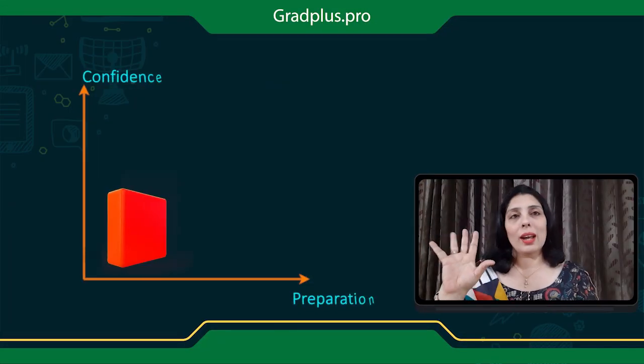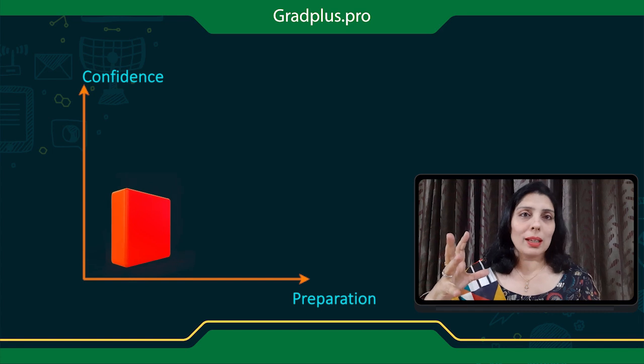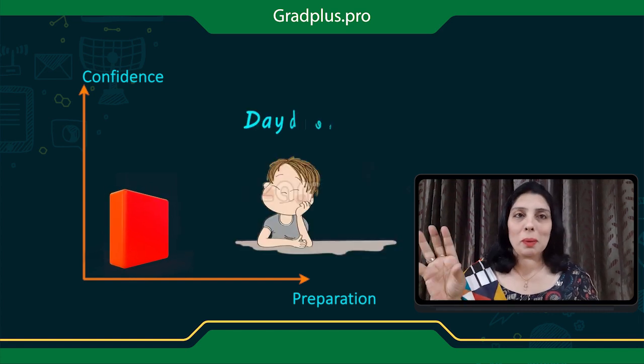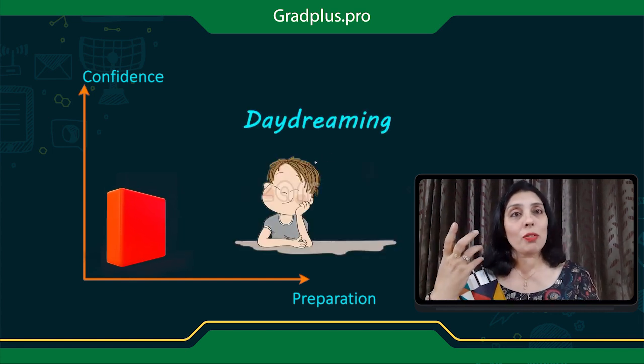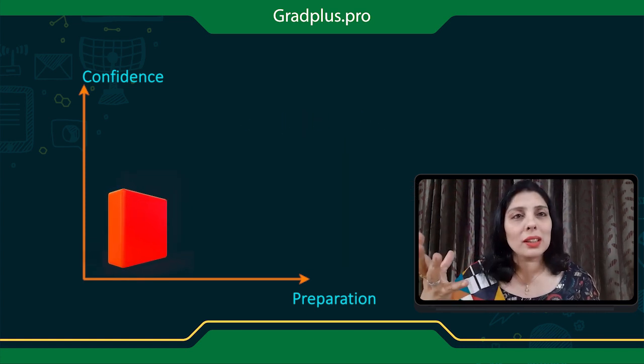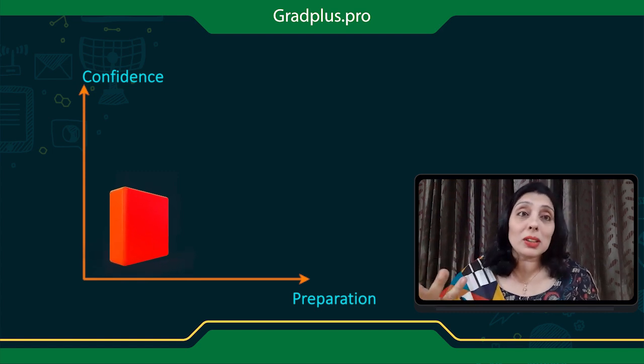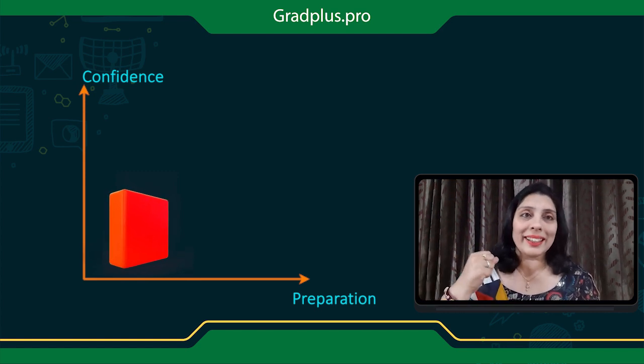So now if you look at this grid here. Now if you're at the red block, it means you are just daydreaming. You are just dreaming of getting your GATE score. That's it. There is no preparation and you are not confident also. So if there is no preparation, how will you be confident? That's the question here now.